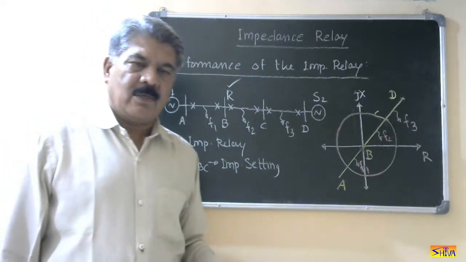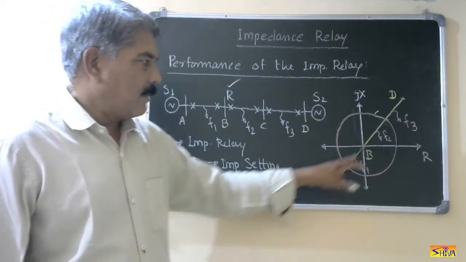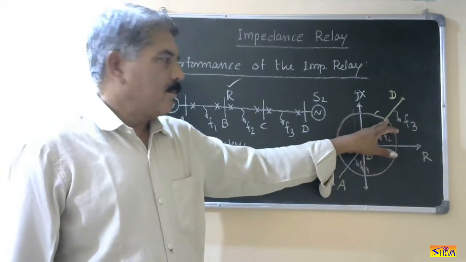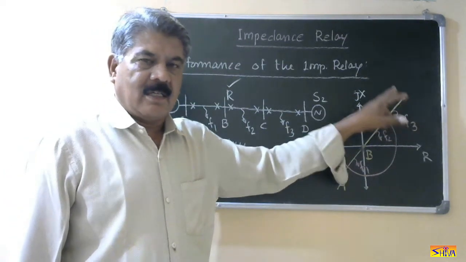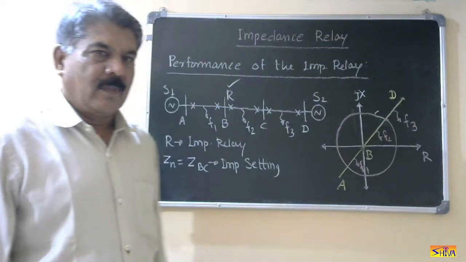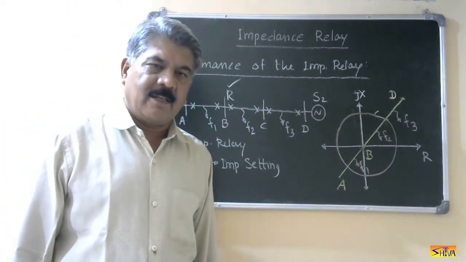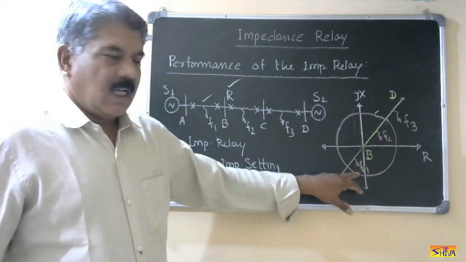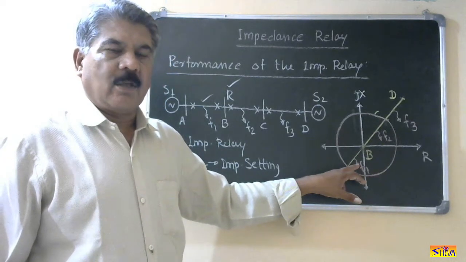Third step is you have to locate the faults. F1 is in line AB, we are locating it here. F2 is in line BC, we are locating it here. F3 is in line CD, so we are locating it here. Now let us check for which faults the relay is operating. For F1, if we observe, F1 is inside this circle, that is in the operating region.